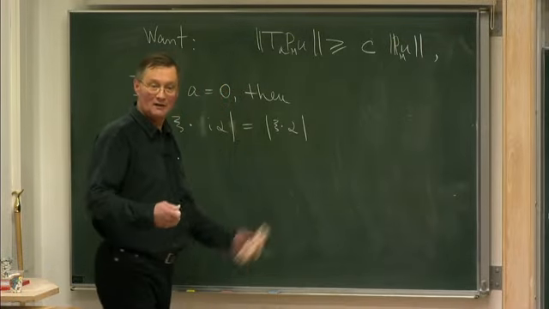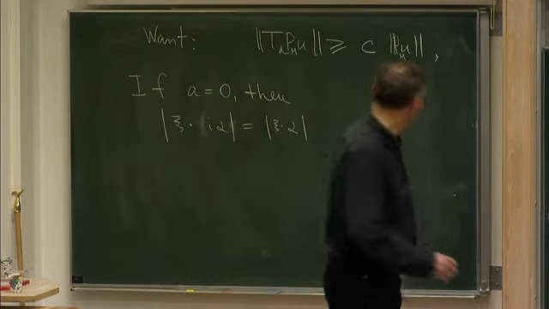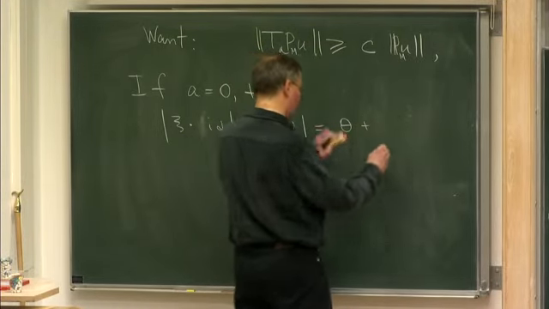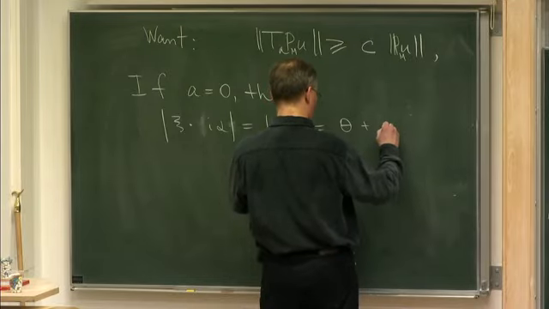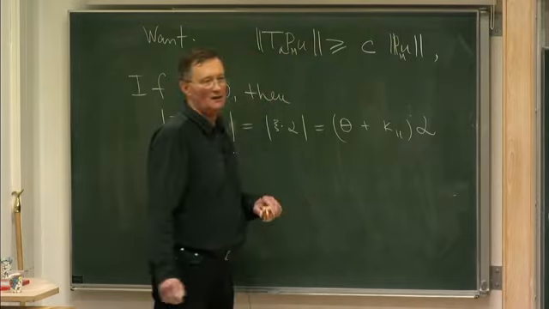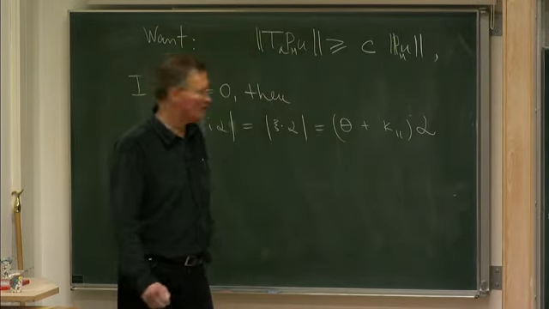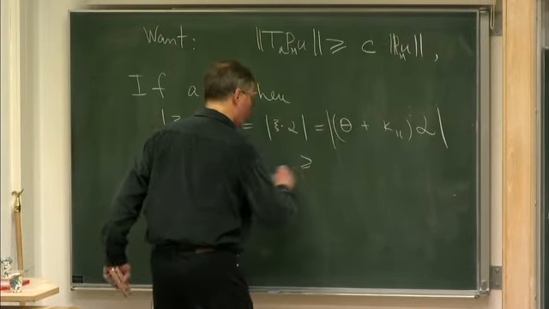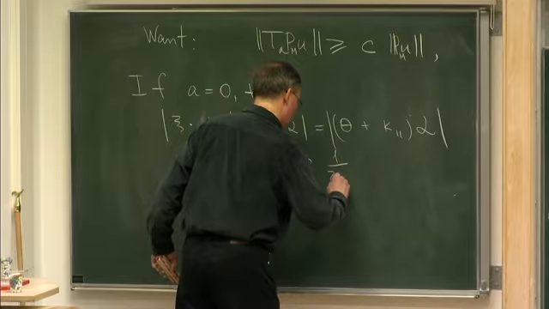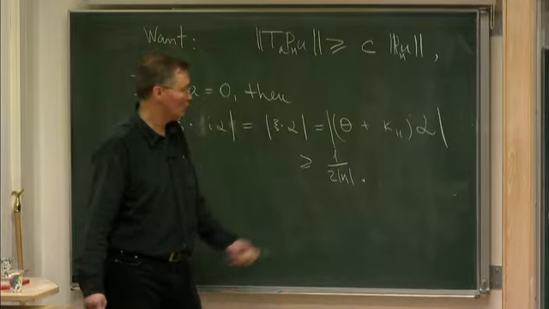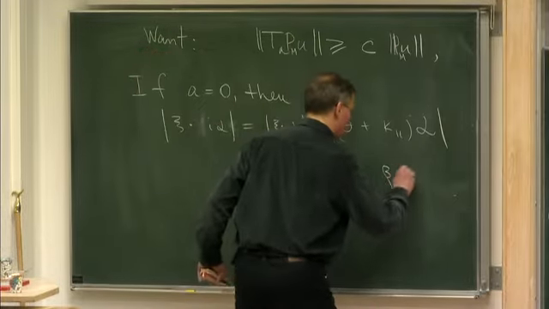And again, this is the same calculation as before, if you remember. This is theta plus k orthogonal alpha, and repeating the same argument, what we would get is 1 over 2n again, if we choose beta as before.